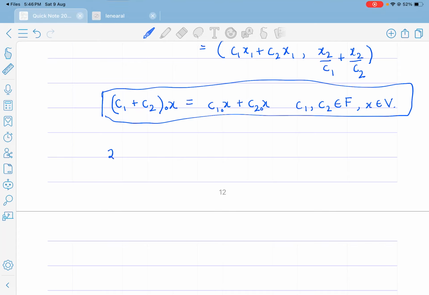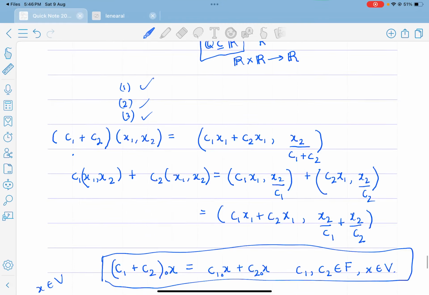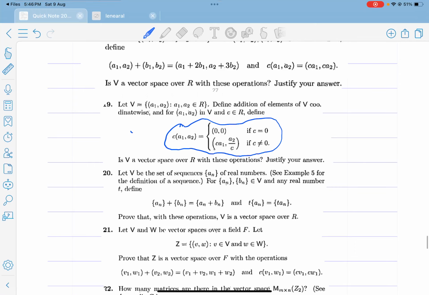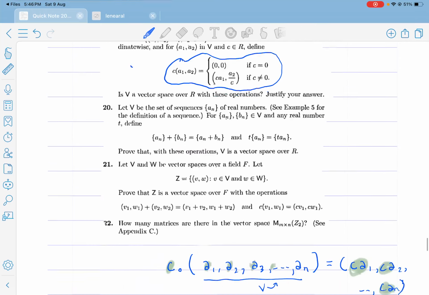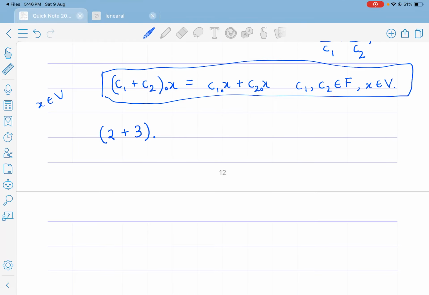Let's take (2 plus 3) dot x, where x is from V, right? And V is of the form (a1, a2) with a1, a2 from R. Let's see, how about 5 cross 6?